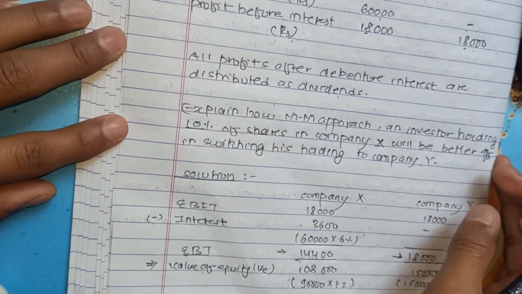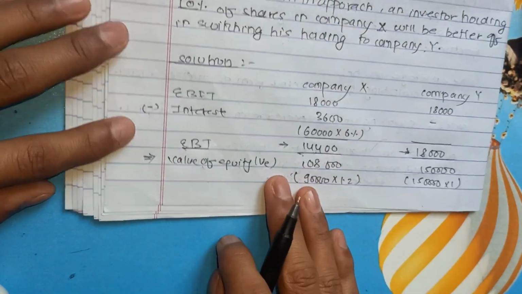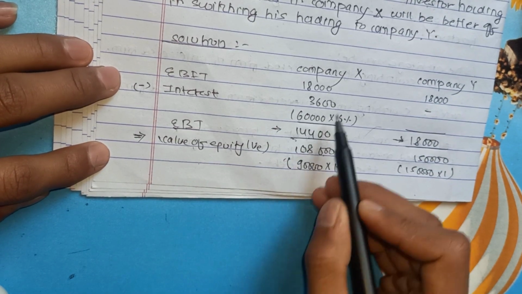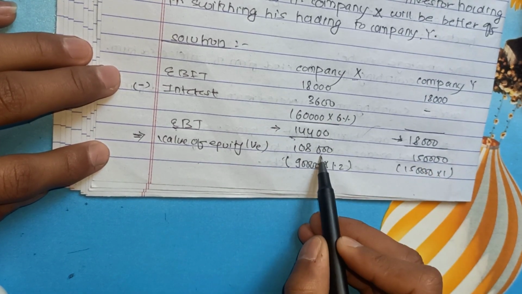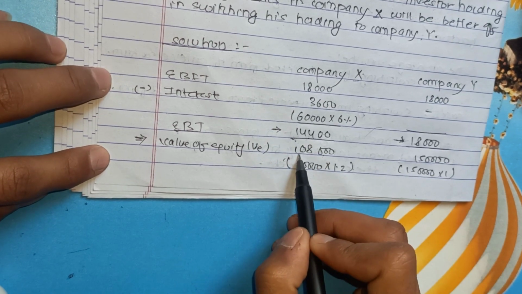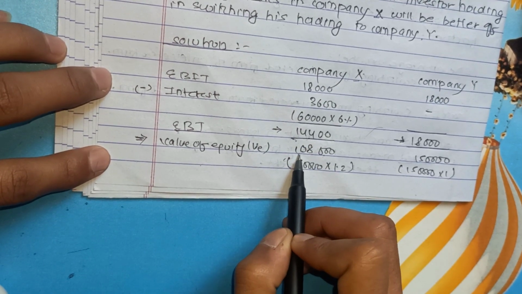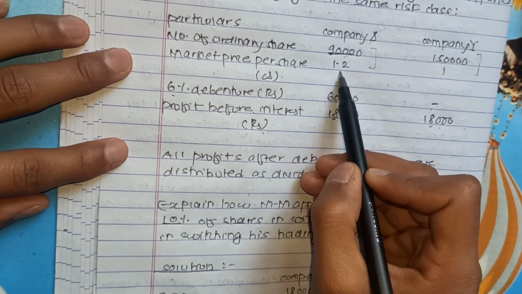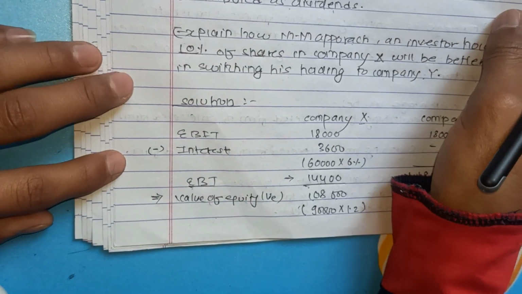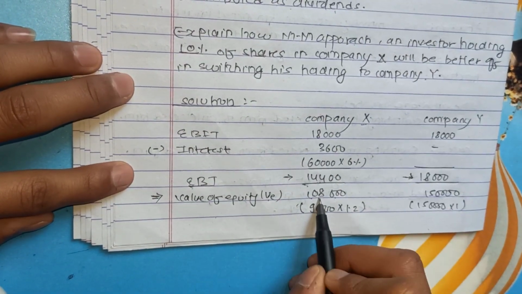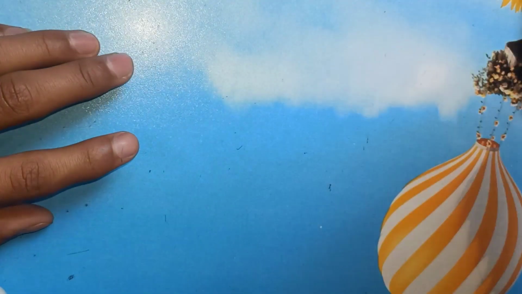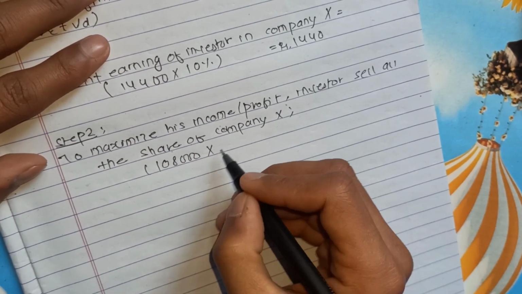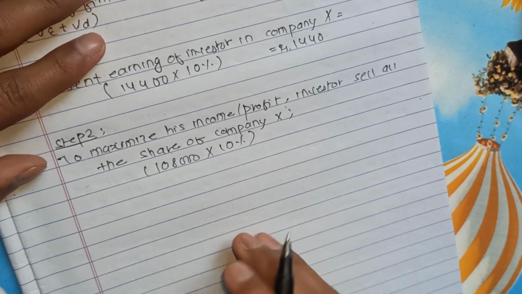Then we have the value of equity, how much? 108,000. The value of equity in company X is 1,08,000, means he will sell all the equity which has the ordinary shares of 90,000 at market price 1.2. He will sell all the equity to Y, means 10,000 into holding of 10%.